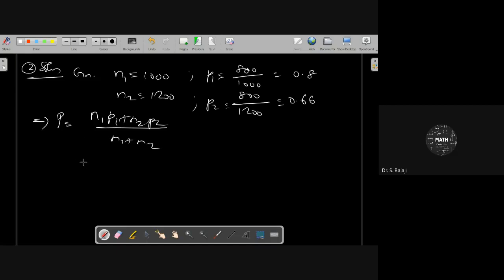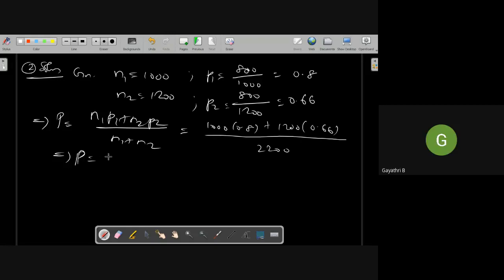Implies I can get N1 P1 is 1000 into 0.8, which is 800, and N2 P2 is 1200 into 0.66, which is also nearly 800, whole divided by N1 plus N2, here 2200. What will be the answer for capital P? 0.7236.